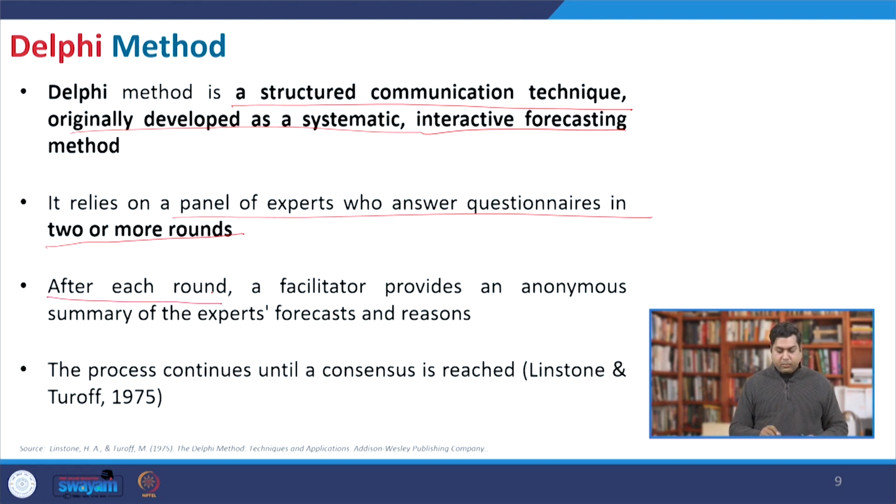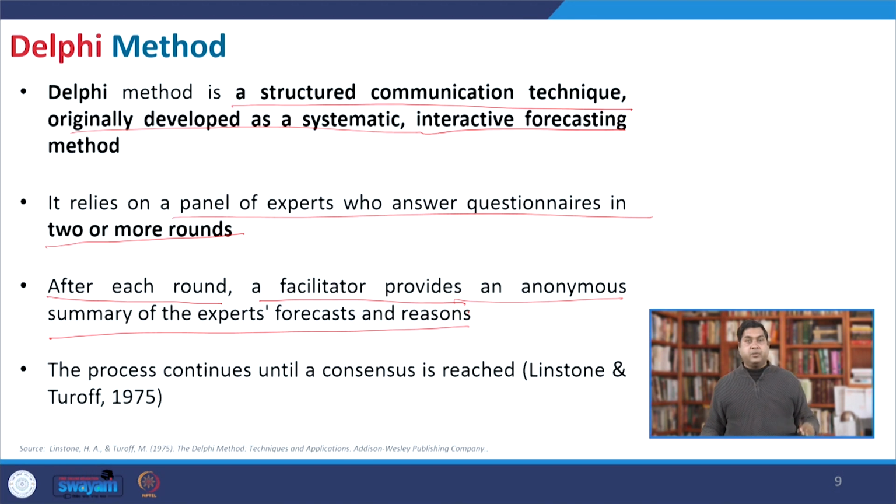After each round, a facilitator, maybe the researcher himself or herself, provides an anonymous summary of the expert forecast and reasons. So here I present the summary of the overall findings to each of them, and we do not disclose who has given those answers.